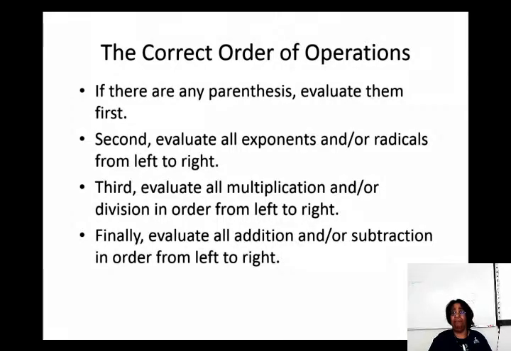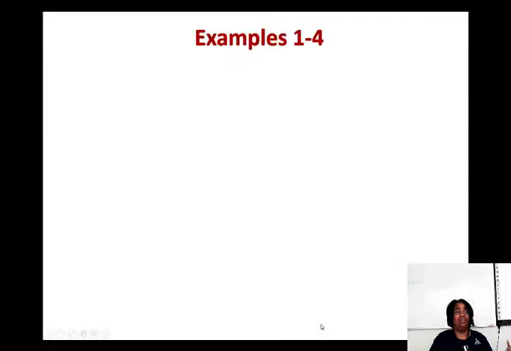There might be a point in time where you might come up with even a negative answer too. Yeah, and we'll talk about negative numbers when we study integers, okay? But right now, I just want you to get the basics of order of operations. But negative numbers, adults deal with negative numbers all the time. So there's a couple of rules regarding negative numbers that you guys will have to review.